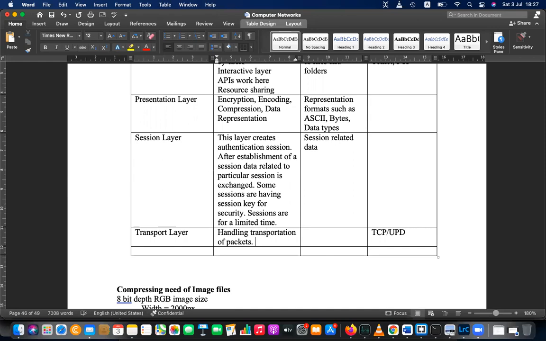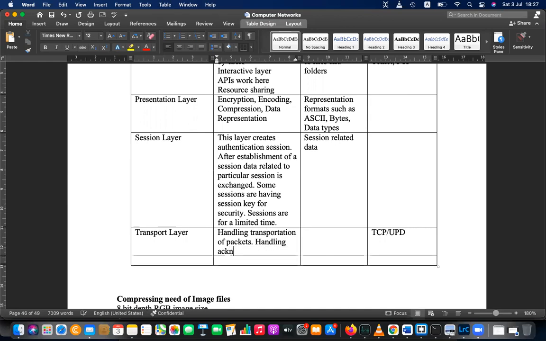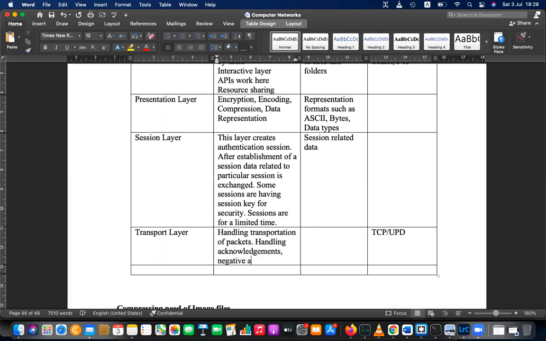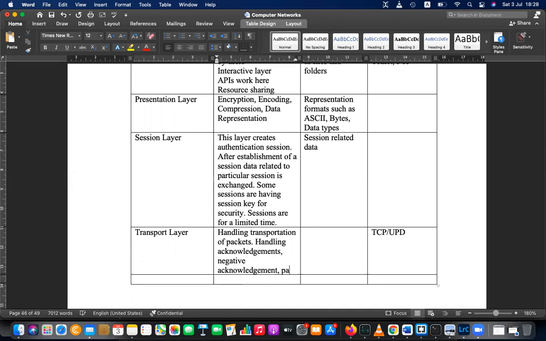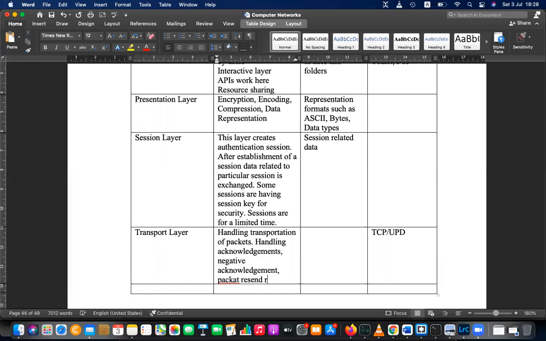Right. So this layer handles acknowledgements, negative acknowledgements, packet resend requests, etc. In case of damage, you can ask to resend the packets.